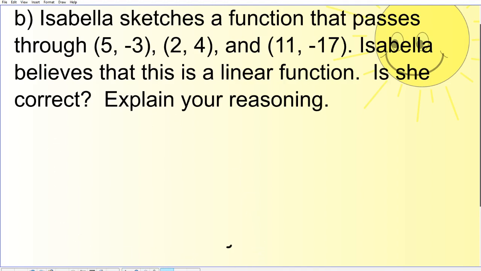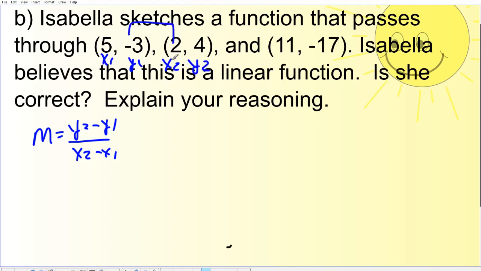Darn. Okay, the work. M equals y2 minus y1 over x2 minus x1. We've got to find the slope. If I find the slope at two different places, I got to check to see if the slopes are the same. So I'm going to use, this is x1, y1, x2, y2.